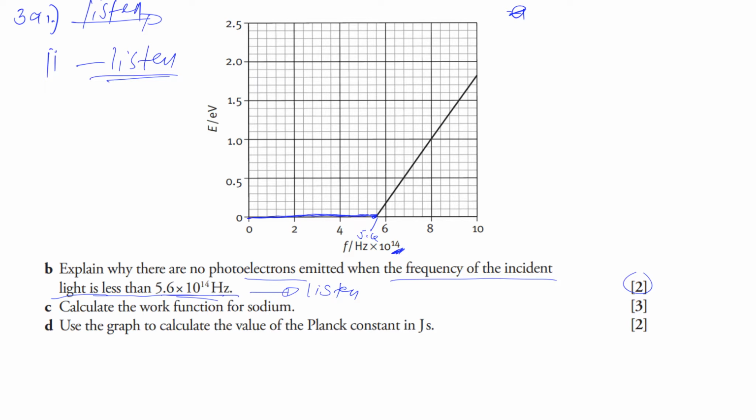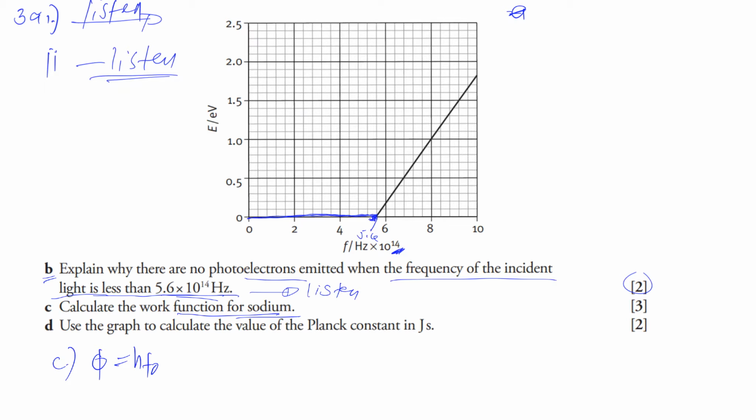First explanation: energy of the photon is less than the work function, which is the minimum energy required to remove an electron from the metal surface. There you go, I explained already in B. Calculate the work function for sodium. We know that the work function is equal to h f0. So the f0 is 5.6 here.